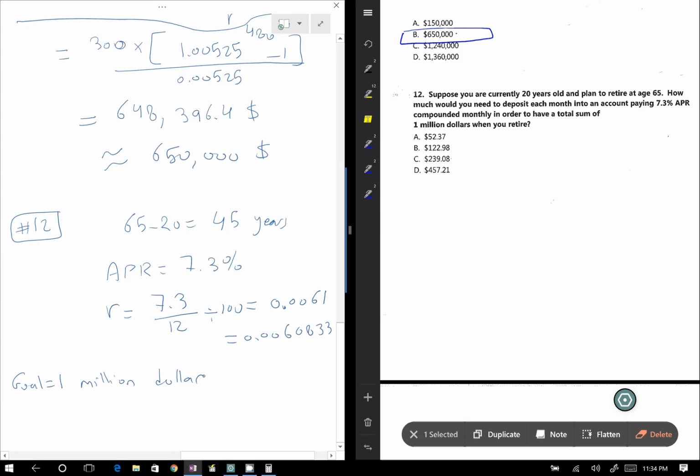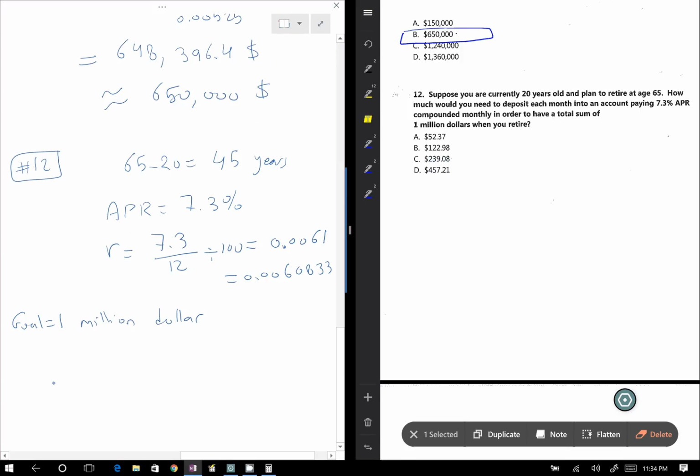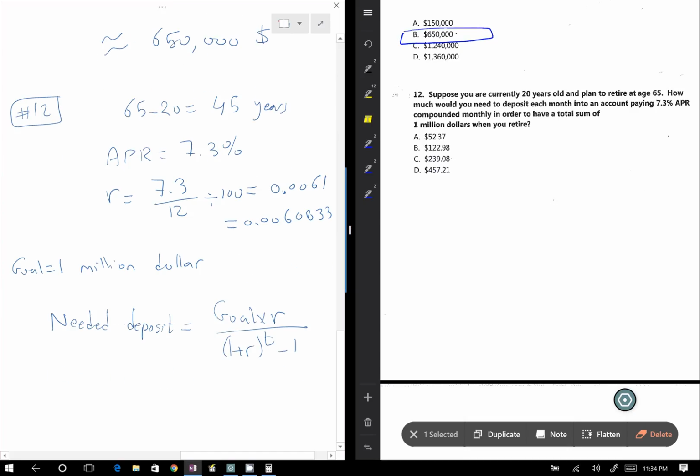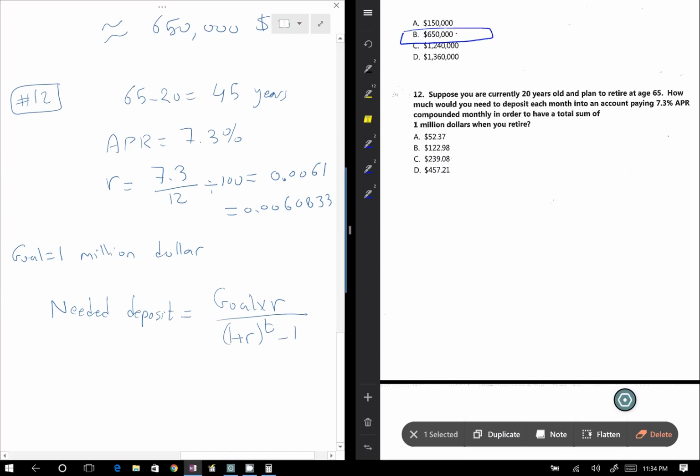So, needed deposit, the formula: that's equal to goal multiplied by R divided by 1 plus r raised to the power t minus 1. So my goal is $1 million multiplied by 0.006083.